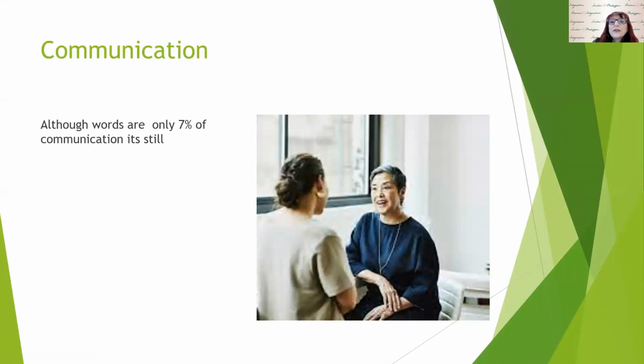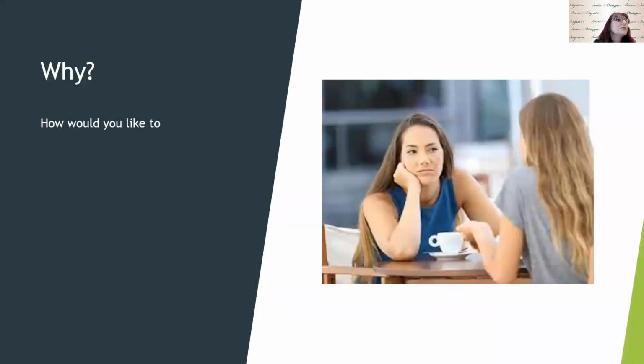As I said last week, although words are only 7% of communication, it's the only way you can directly talk to someone or tell someone what you want. So it's really important that when you use language, you know exactly what you're saying and they hear you properly.